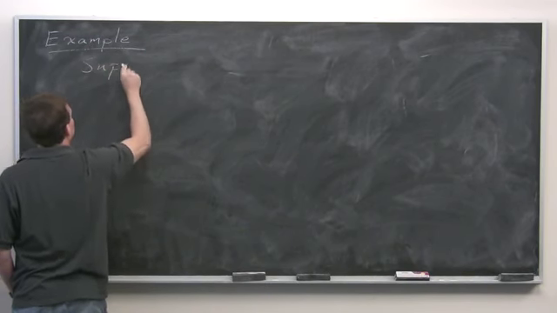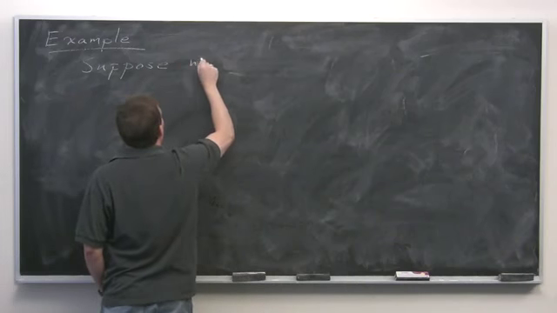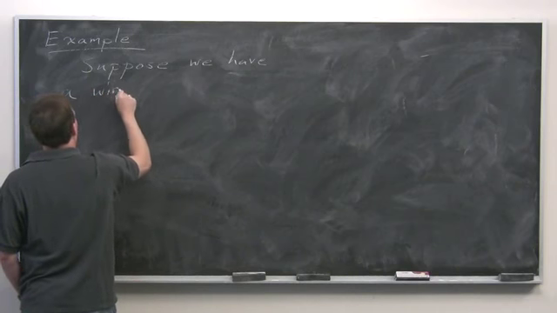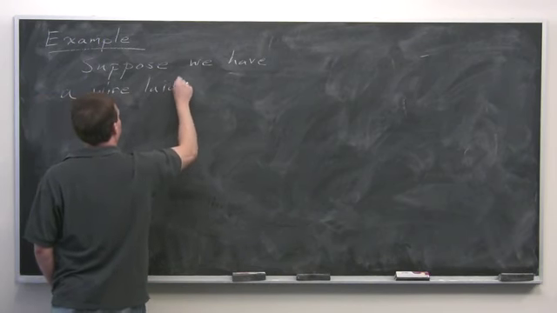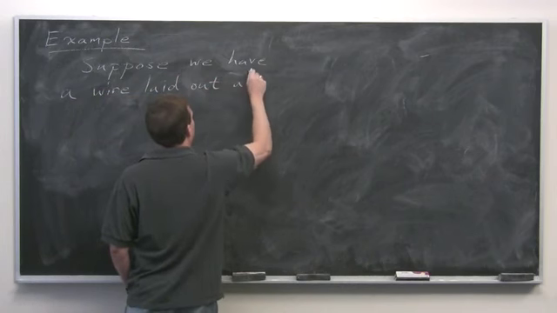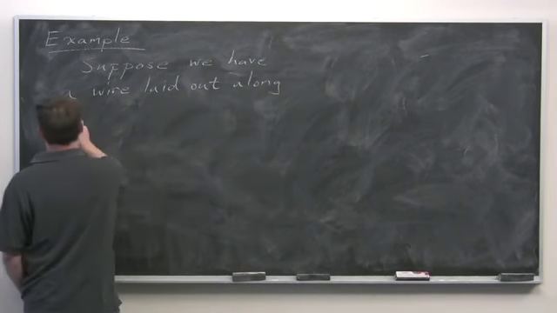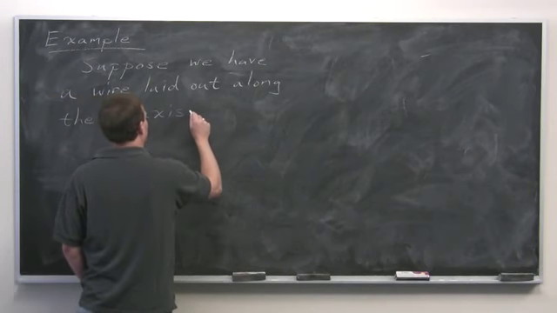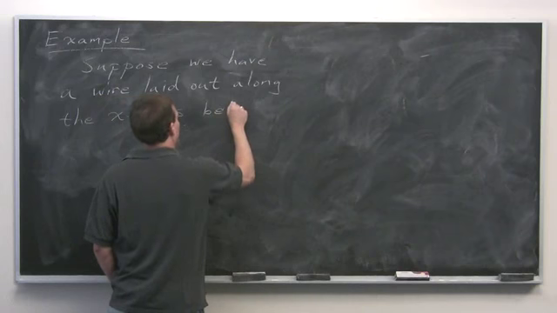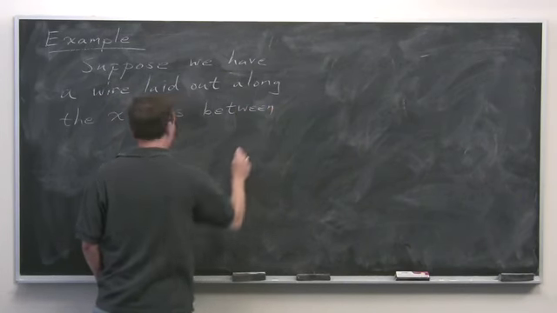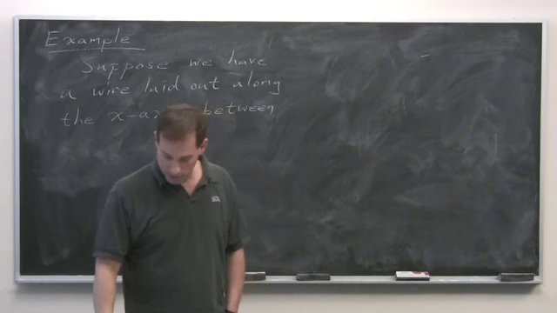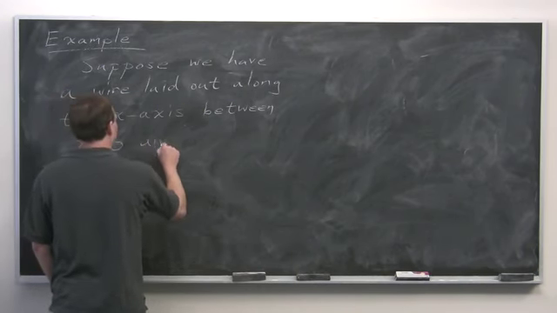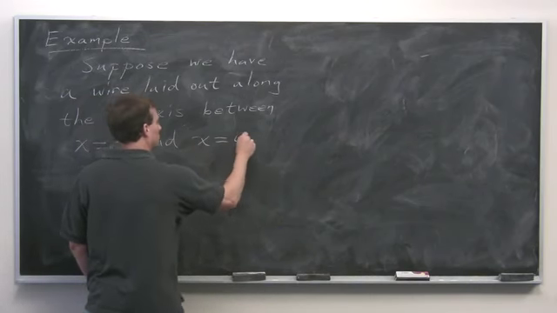Suppose we have a wire laid out along the x-axis between, I think I want x equals 0 and x equals 4. And I guess I'll switch to the English system and use feet.